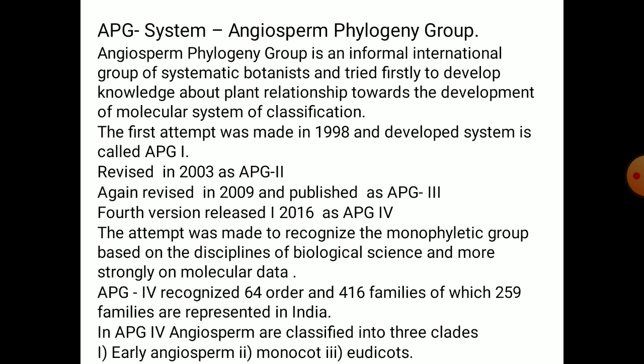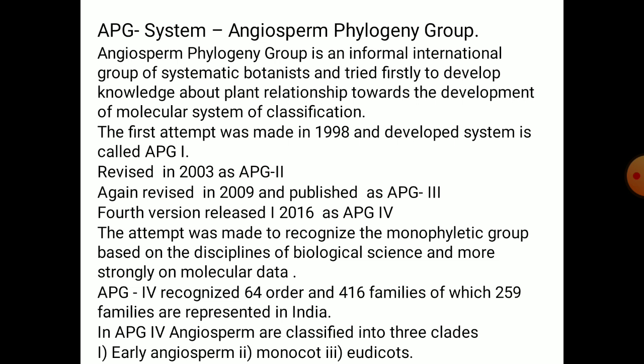APG IV recognized 64 orders and 416 families, of which 259 families are represented in India. In APG IV, the angiosperms are classified into three clades: early angiosperms, monocots and eudicots.